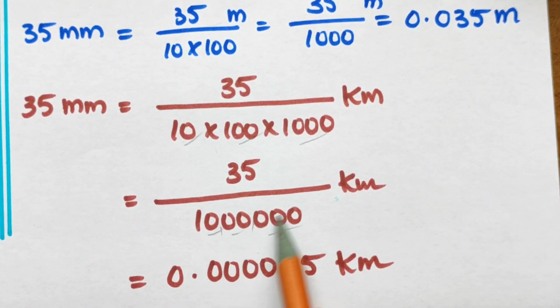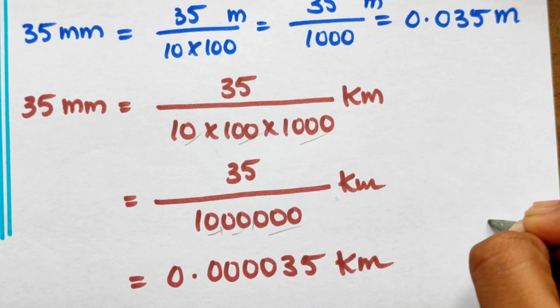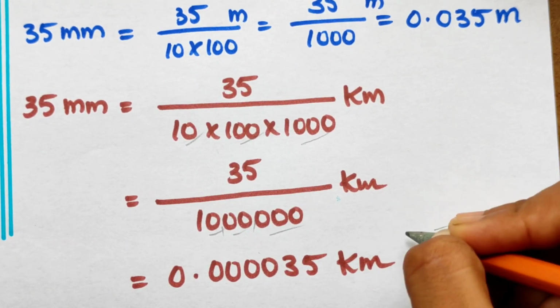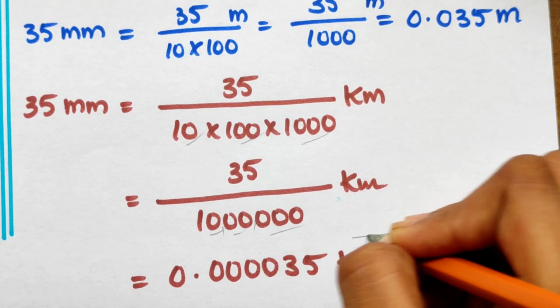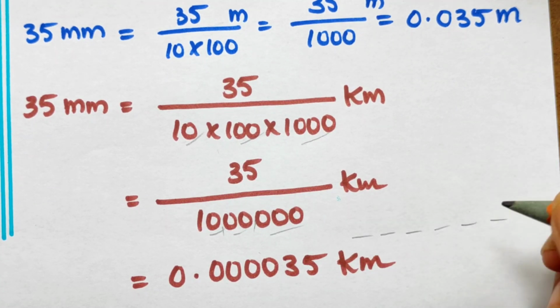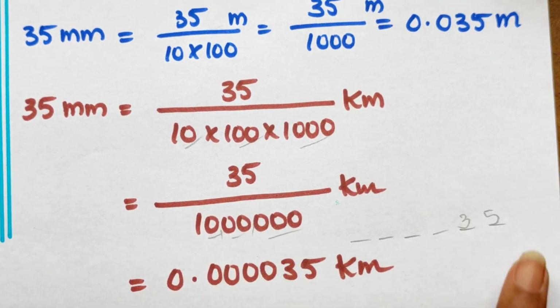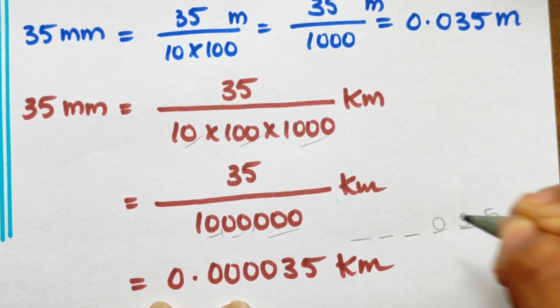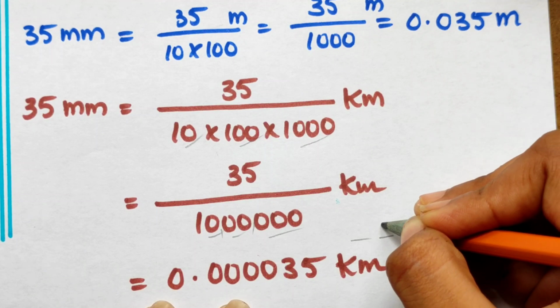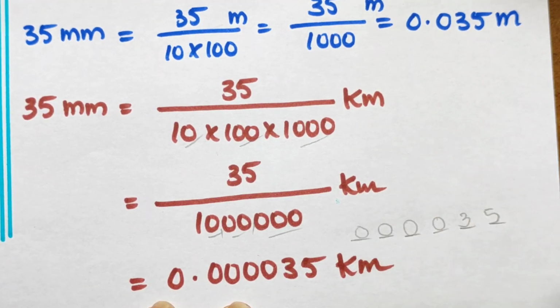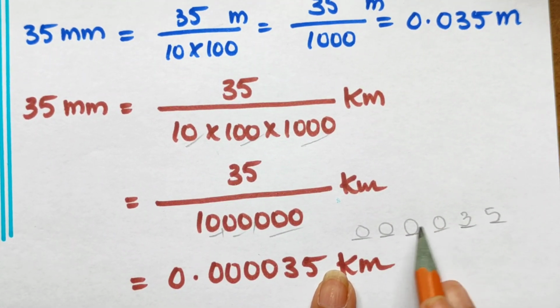Now let us convert this fraction into decimal. How many zeros? 1, 2, 3, 4, 5, 6 zeros. Let us maintain 6 blanks. Now this is 35. Let us write 35 in the last 2 blanks, and the blanks which are empty, let us fill them with zeros.